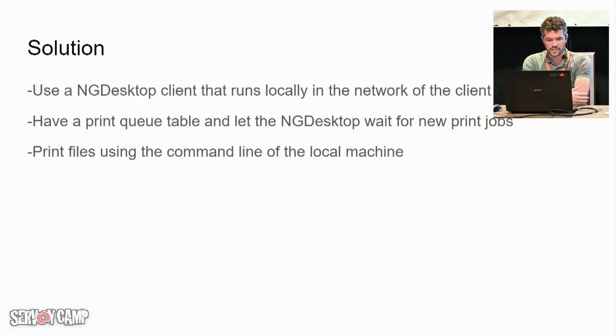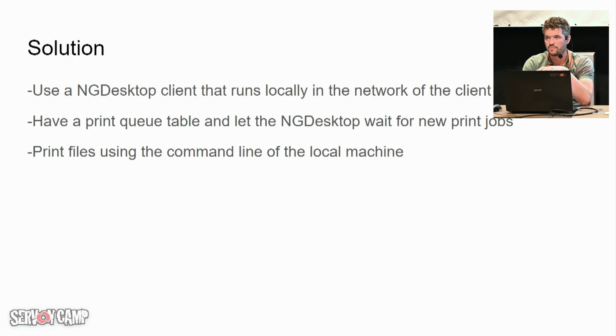The solution that we came up with is to use the NG desktop, and we created a small solution that runs on the NG desktop, and the NG desktop is just started locally on the network of the client.